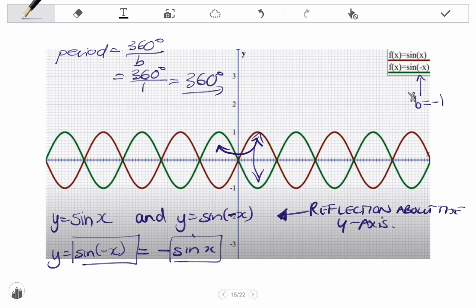And when we go from a positive to a negative y value, we have a reflection about the x-axis. So that means these graphs are equal. Reflection about the y-axis is the same as reflection about the x-axis in this case.